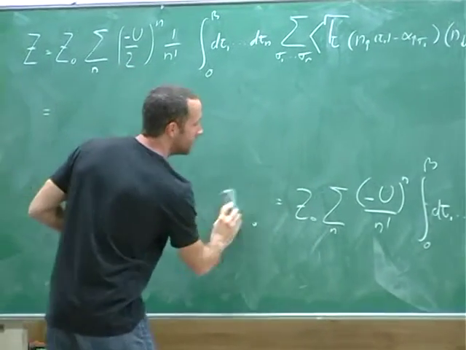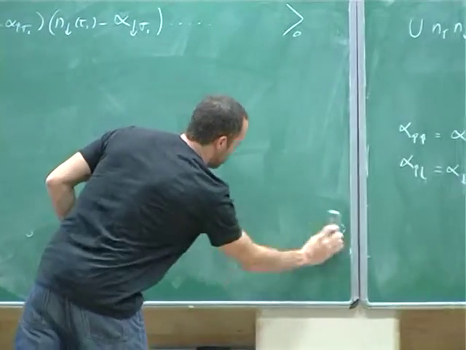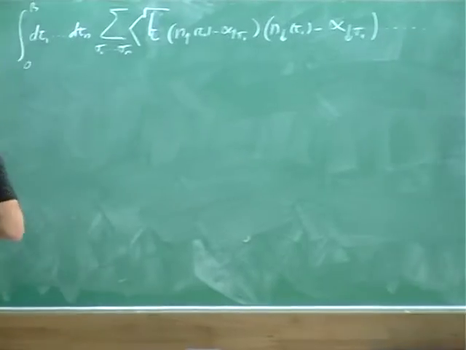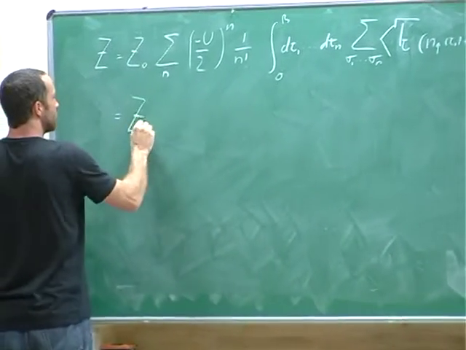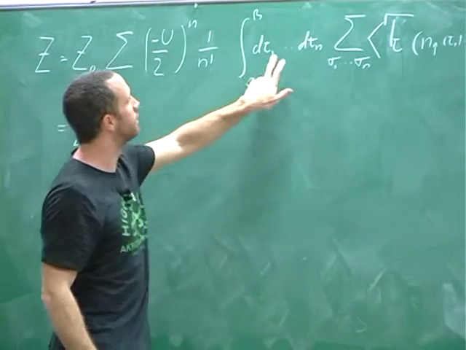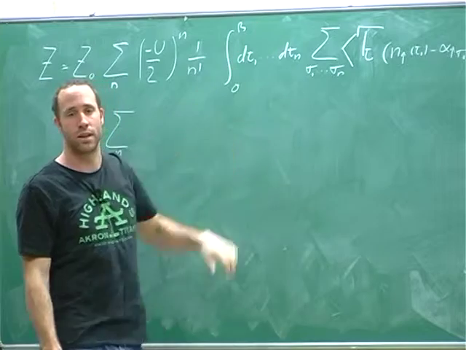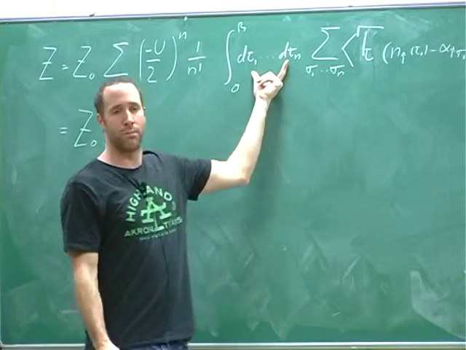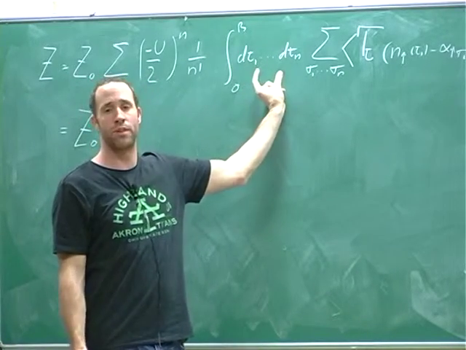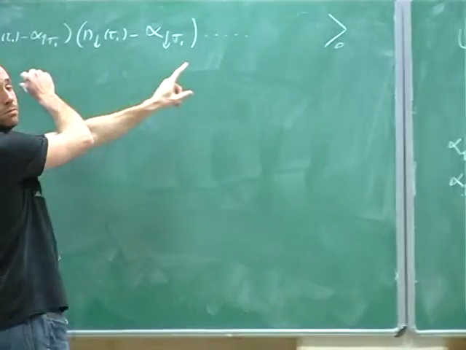Okay, so the last little move I want to make is about the 1 over n factorial. All these integrals of tau 1 to tau n run from 0 to beta. But actually, if I pick two of them and permute them, they will permute here as well.